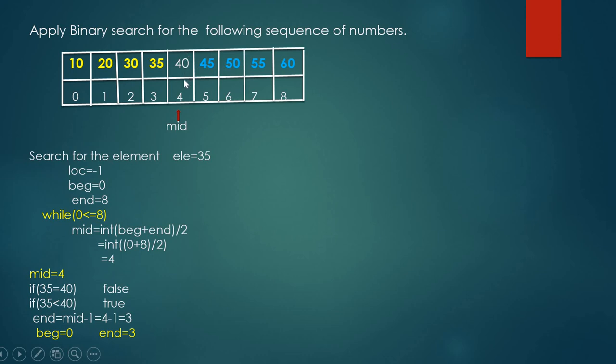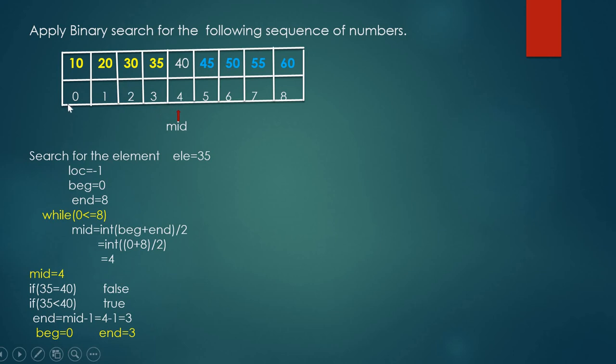So next we check whether 35 is less than 40. Here 35 is less than 40, that is true. So in this condition, which value do we need to change? End. We change end to mid minus 1.